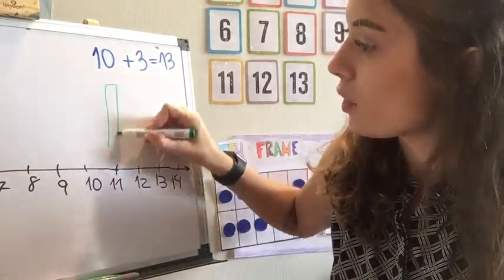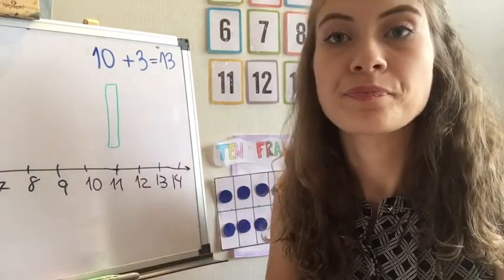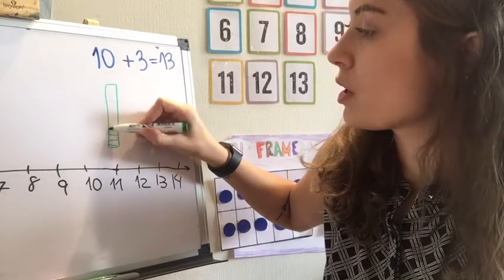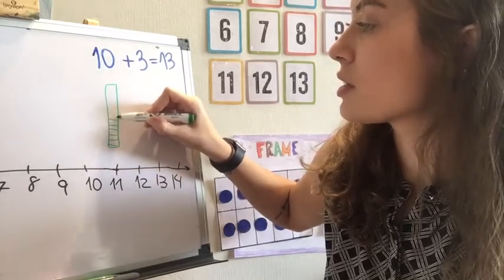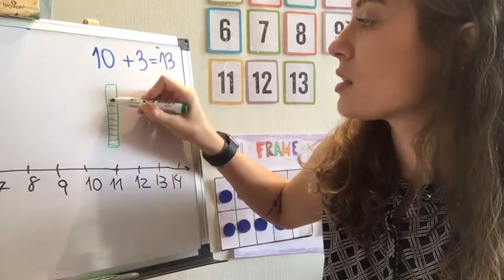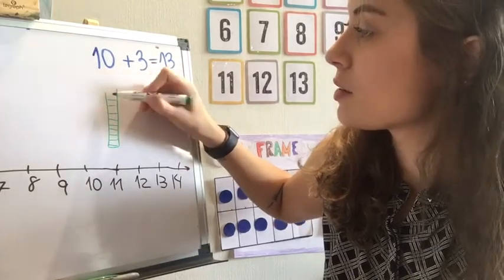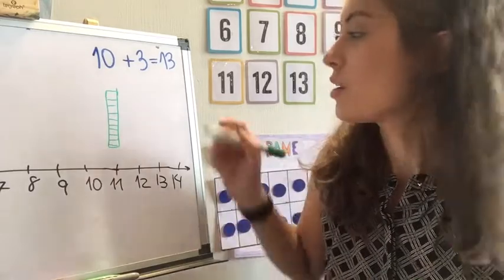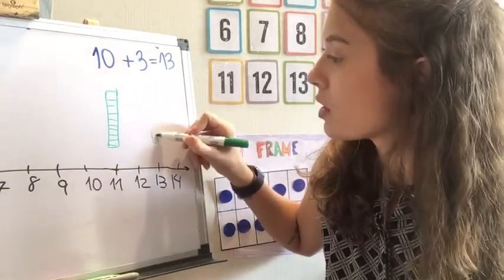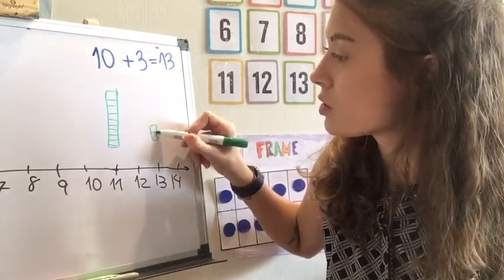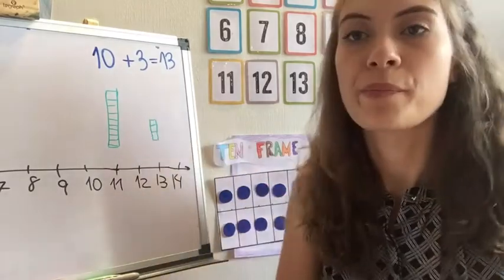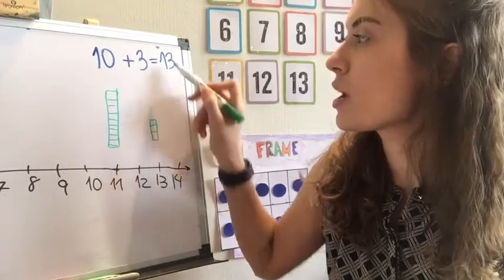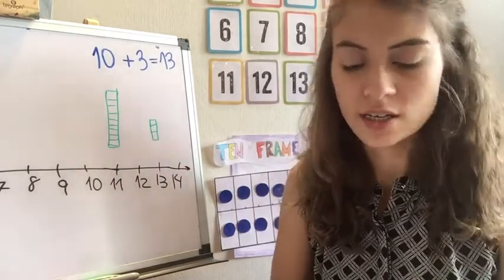Here the big tower representing 10. 1, 2, 3, 4, 5, 6, 7, 8, 9, and 10 here. And then 3 blocks. 1, 2, 3. 10 add 3 equals 13.